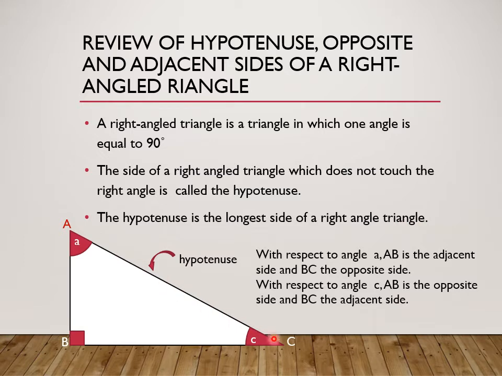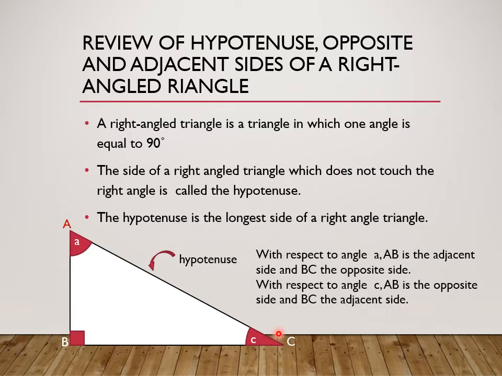So this is it. And it is the side that does not touch the right angle. This is the right angle. The side AB touches it. The side BC also touches it. But AC does not touch it, so AC is the hypotenuse.